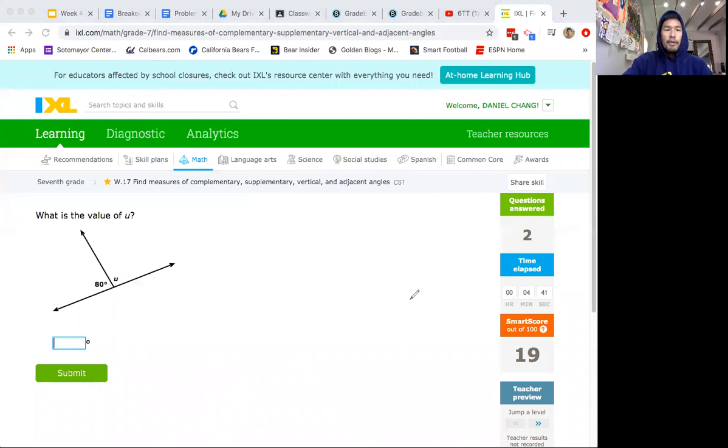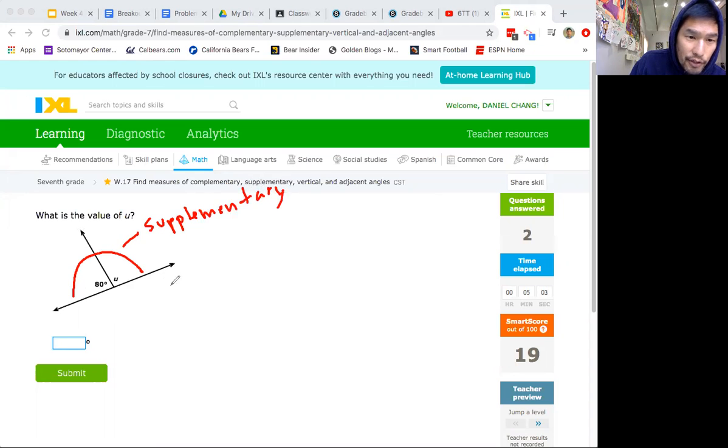Clear all my drawings. What is the value of U? Look at this. When you have two lines that intersect, you've got supplementary angles. You can almost think of this as like a vertical angle, except the line doesn't go all the way through.